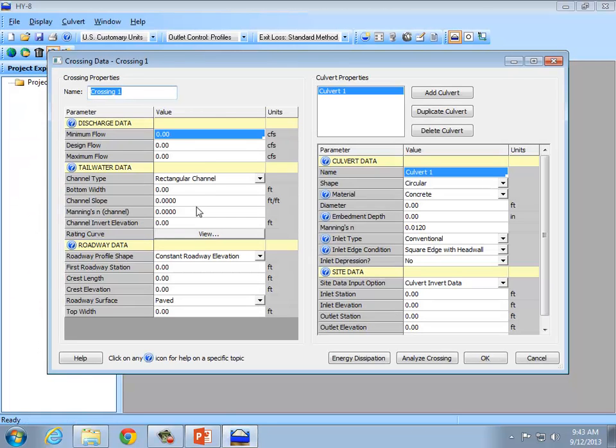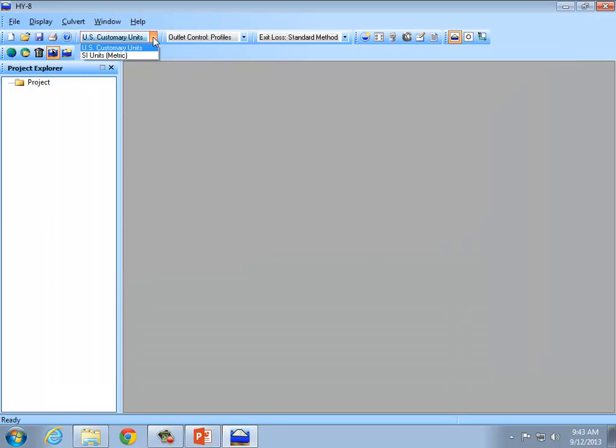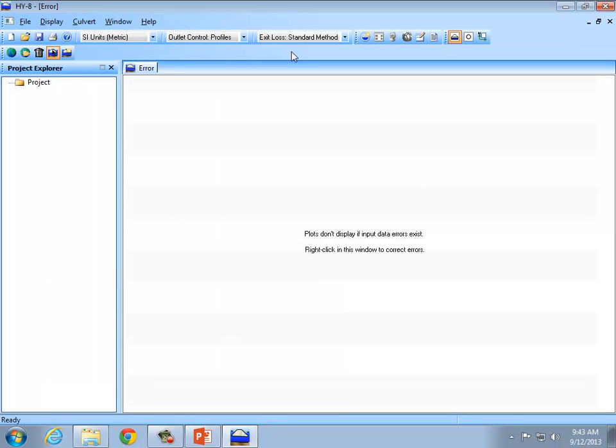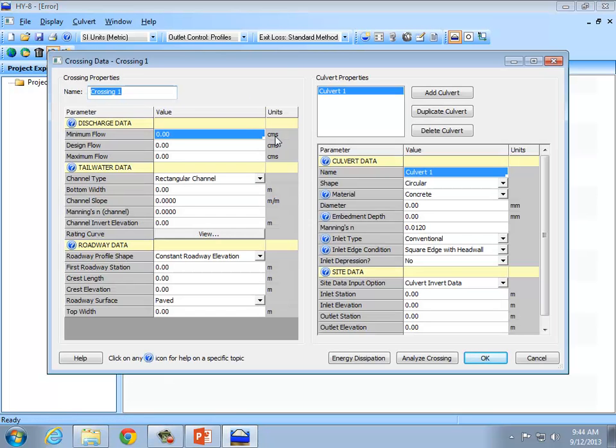To begin with, we're in cubic feet per second, so I need to cancel that and change your units to SI. If you already have your units in traditional, switch it back. We're going to put in a new culvert crossing. Since I canceled out the one I had before, I'll click new culvert crossing, and now I can see it's in cubic meters per second.